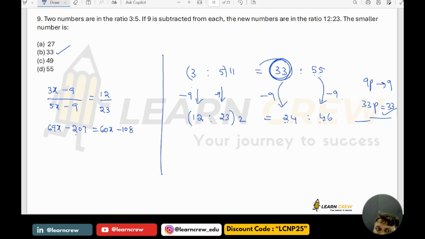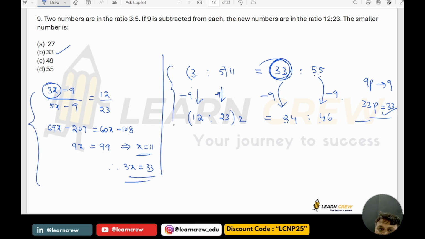So 69 minus 60 is 9x, and 207 minus 108 is 99. From this, x is 11, and the smaller number is 3x, so 3 into 11, 33. This is the traditional procedure. This is the short trick. Okay? Right.